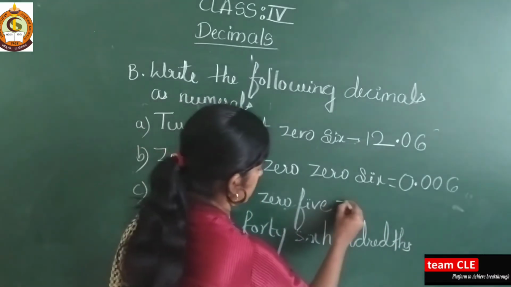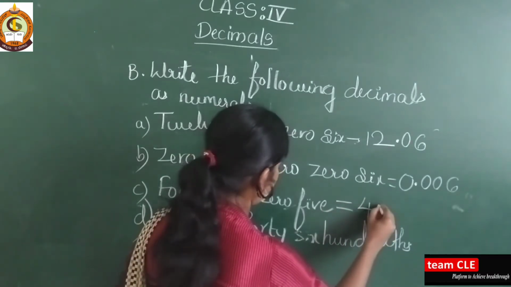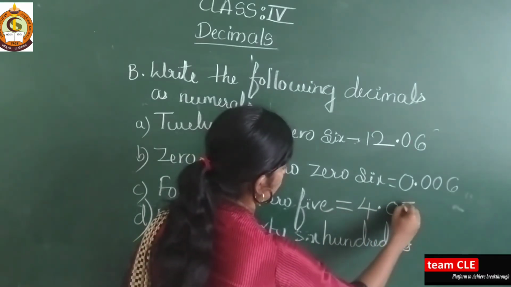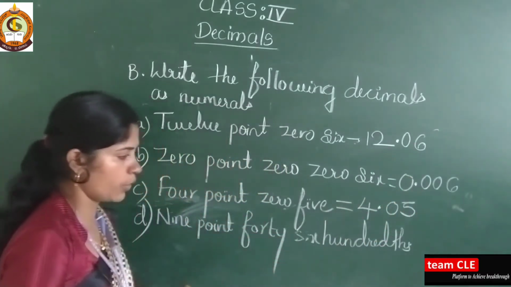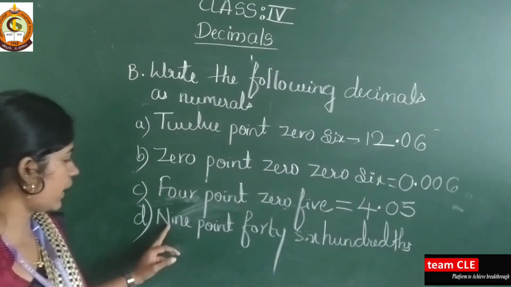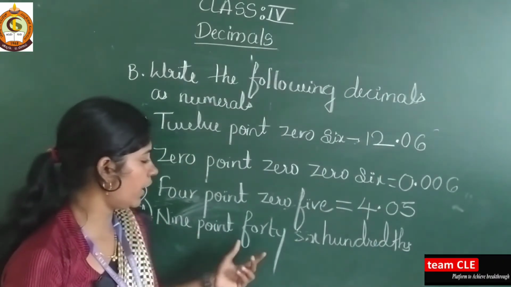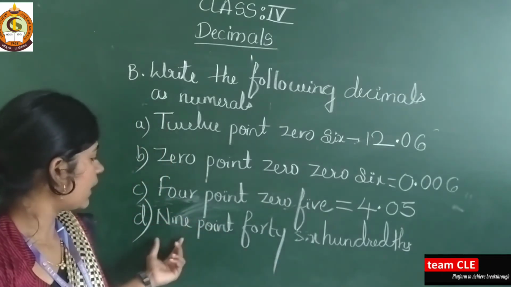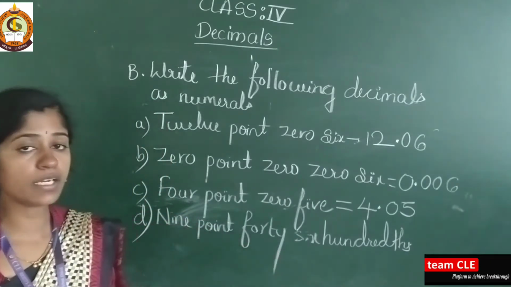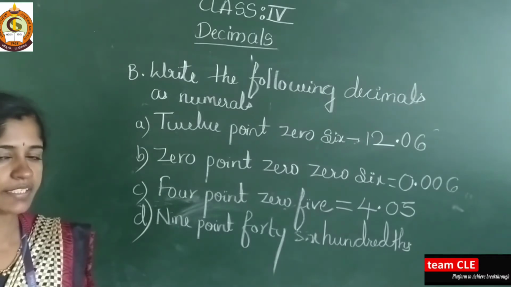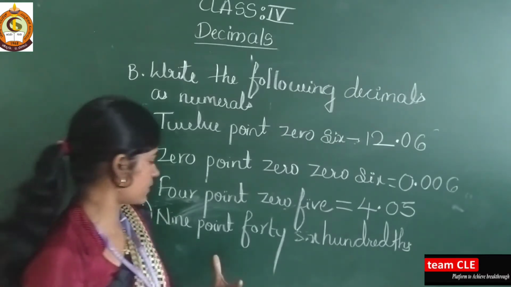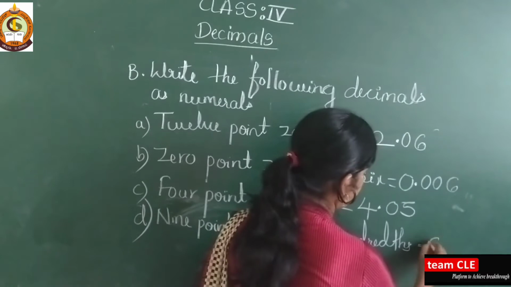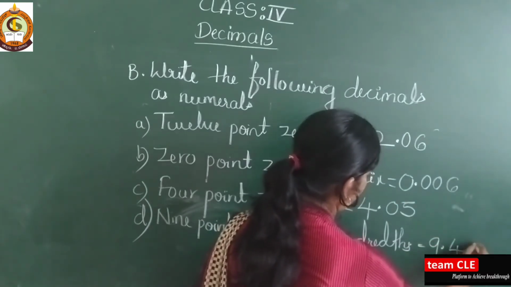Next you take 4.05. So the next one is 9.46 hundredths. 46 hundredths means it is 46, so here you write 9.46.